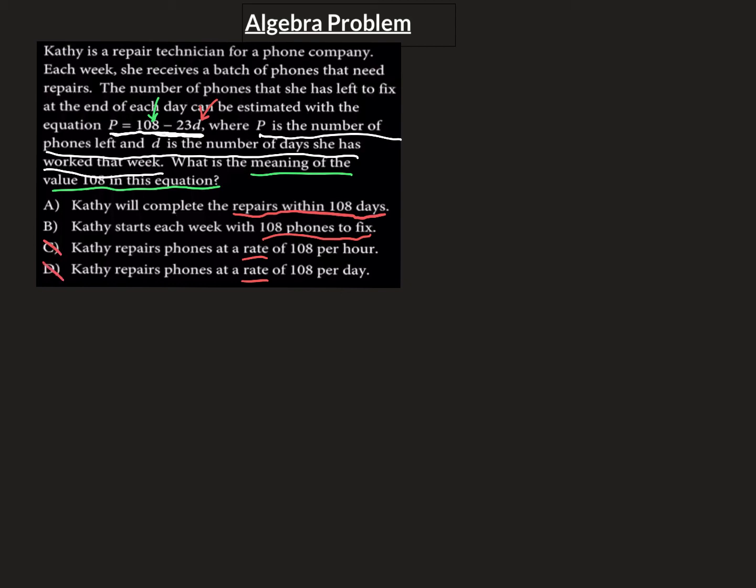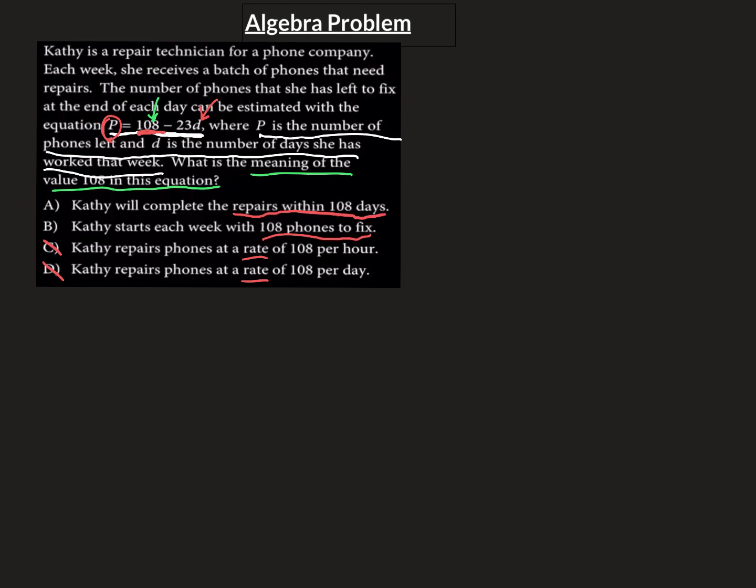Now down to A and B. Kathy will complete the repairs within 108 days, or Kathy starts each week with 108 phones to fix. Now P is the number of phones left. And since we know that P is the number of phones left, and D is the number of days she has worked, 108 would refer to how many she starts with.